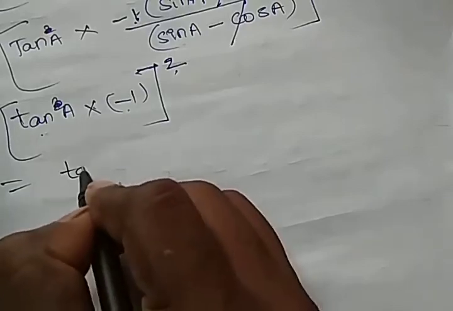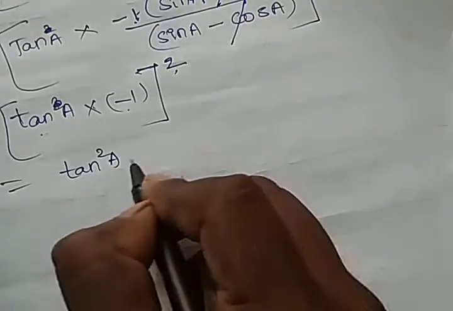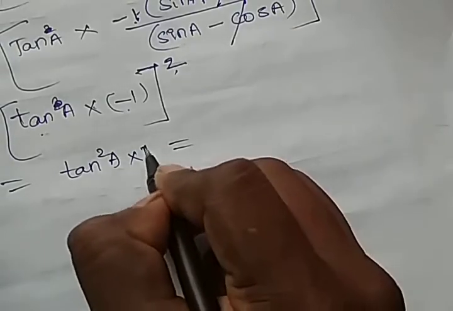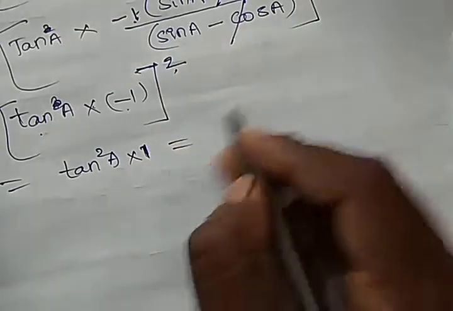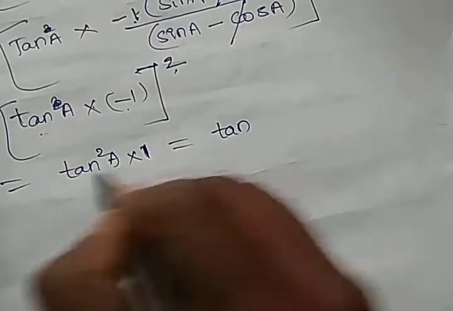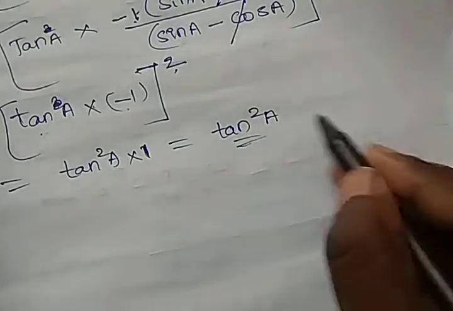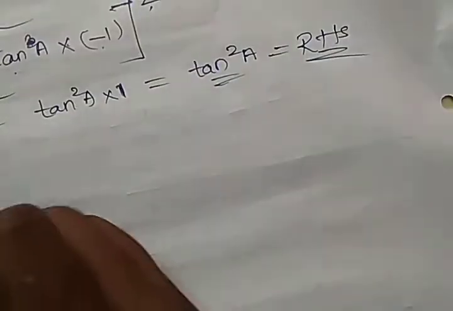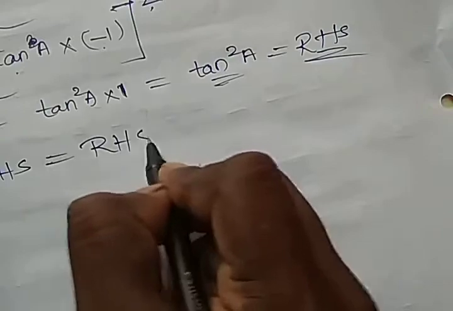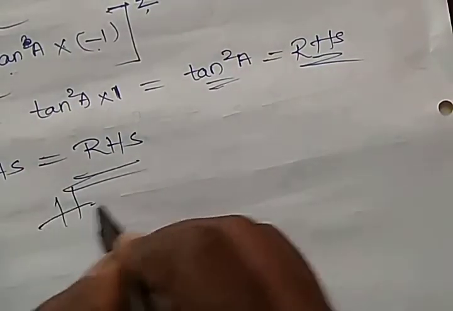So tan A का square is tan square A, -1 square is 1, because even power of a negative value is always positive, and tan square A, 1 into anything is the same value with which it is multiplied, tan square A, which is equal to RHS. So therefore what we see here, LHS is equal to RHS. क्वेश्चन में जैसा दिया है वैसे ये सब एक दूसरे के साथ इक्वल है, hence it is proved.